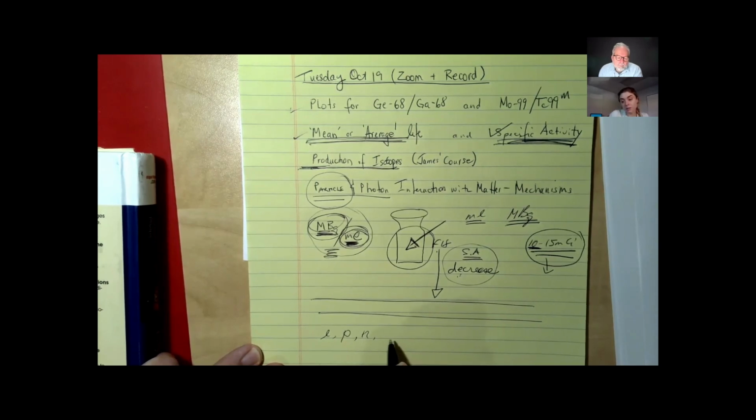Those would be the main ones, right? Neutrinos and stuff. Alpha particles. Alpha, okay.